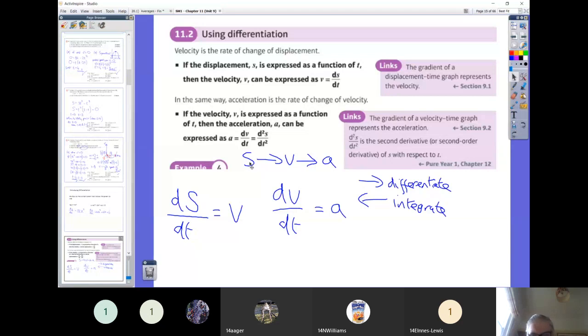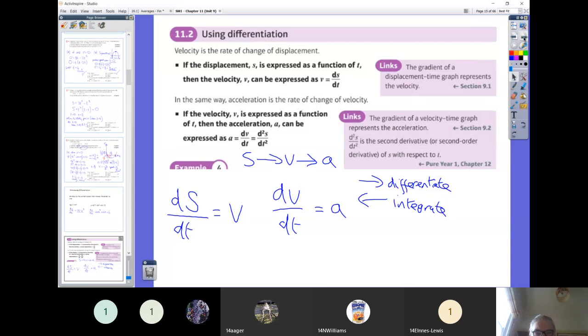So if we differentiate a displacement equation, that gives us velocity. And in turn, the rate of change of velocity is acceleration, so if you differentiate velocity, you get your acceleration. So differentiating goes left to right. Similarly, going right to left, you integrate. You integrate acceleration to get velocity, and you integrate velocity to get displacement.